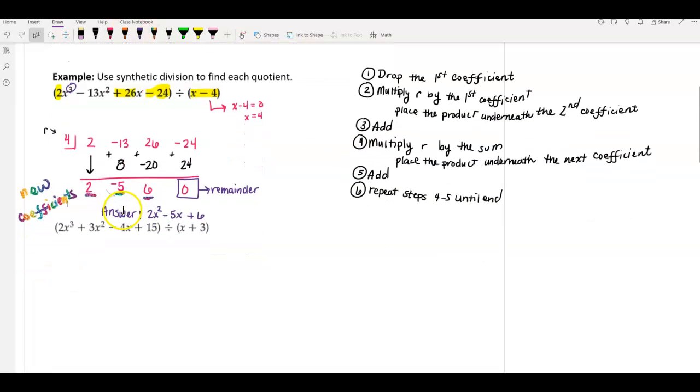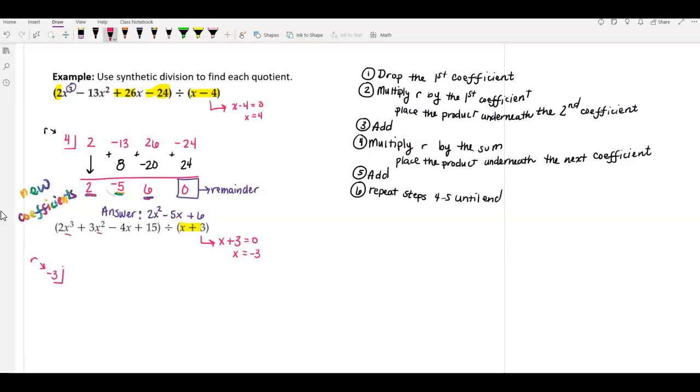All right, let's do this again. X plus 3 equals 0. So x is negative 3. So that means our r this time is negative 3. Let's make sure our terms are in descending order.